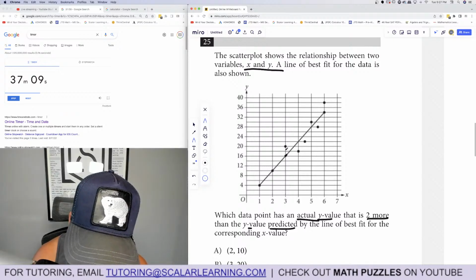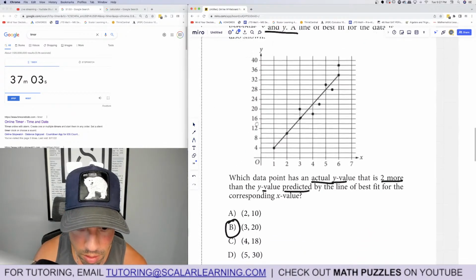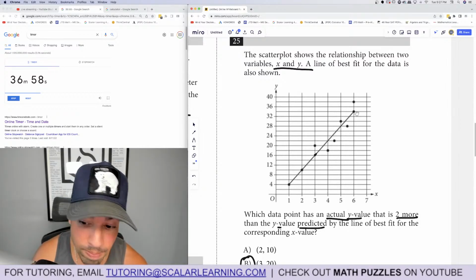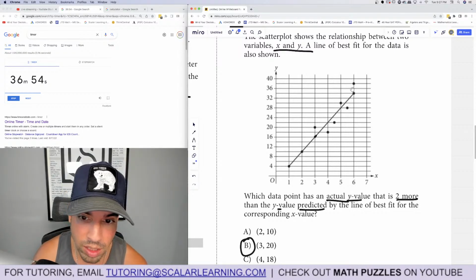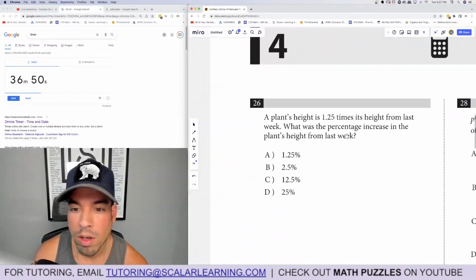So it's this one, 3, 20. Oh yeah, you see this one's weird, right? There is one that's 2 above also, 6 and 38, but they didn't have that.